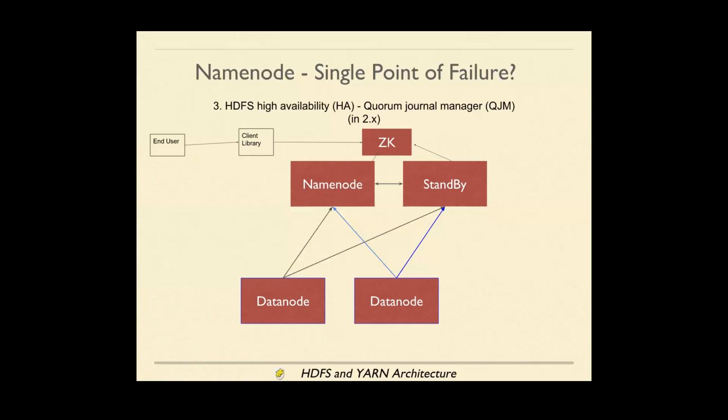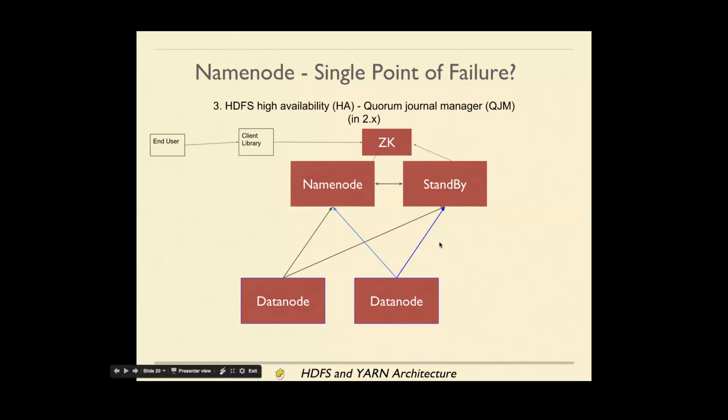A question from Rahela: does it even have a standby for secondary name node? No, actually. Secondary name node was a design before Hadoop 2, and that was basically a very lame solution for backing up name node. That one did provide backup, but did not provide failover.